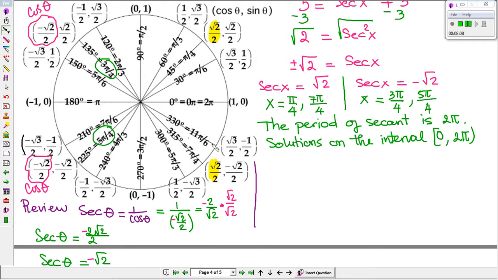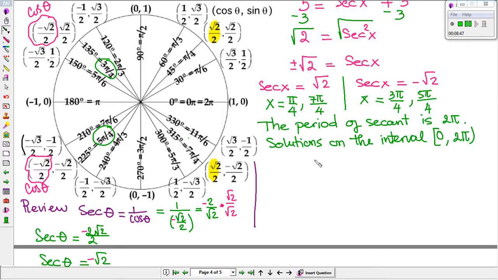Now what happens if we continue to rotate around the unit circle? It means that we go around and around. How many solutions are on the interval from negative infinity to positive infinity? First of all, let me continue with this first.